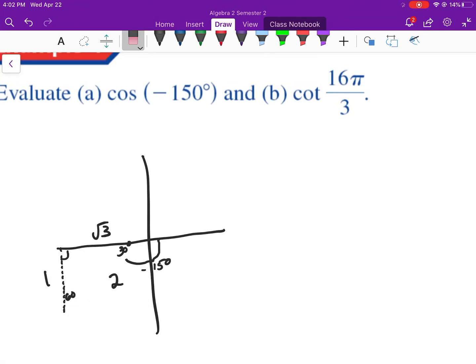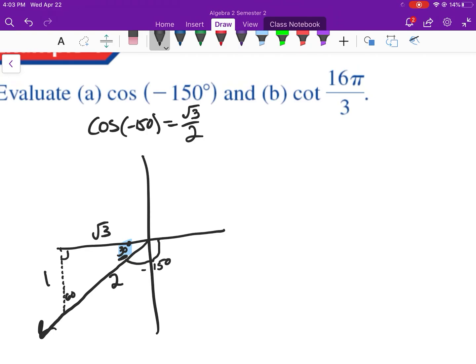Okay, and the function that we are evaluating now is cosine, and we're evaluating it from that angle, always the one that's next to the origin. So cosine is adjacent over hypotenuse, which will give us square root of 3 over 2.